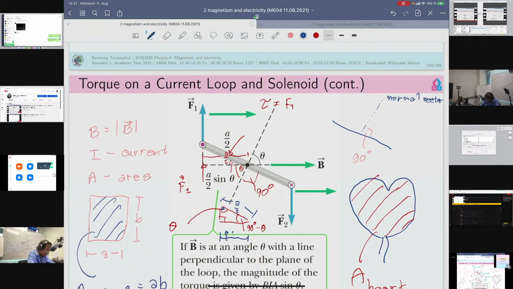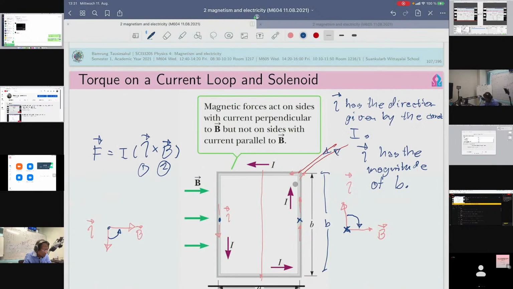So L has two things: the direction and the magnitude. Direction as the current, magnitude according to this one, which is only b. We don't count the length here, because it's not a distance that can give us the force. There is no induced force in this one.